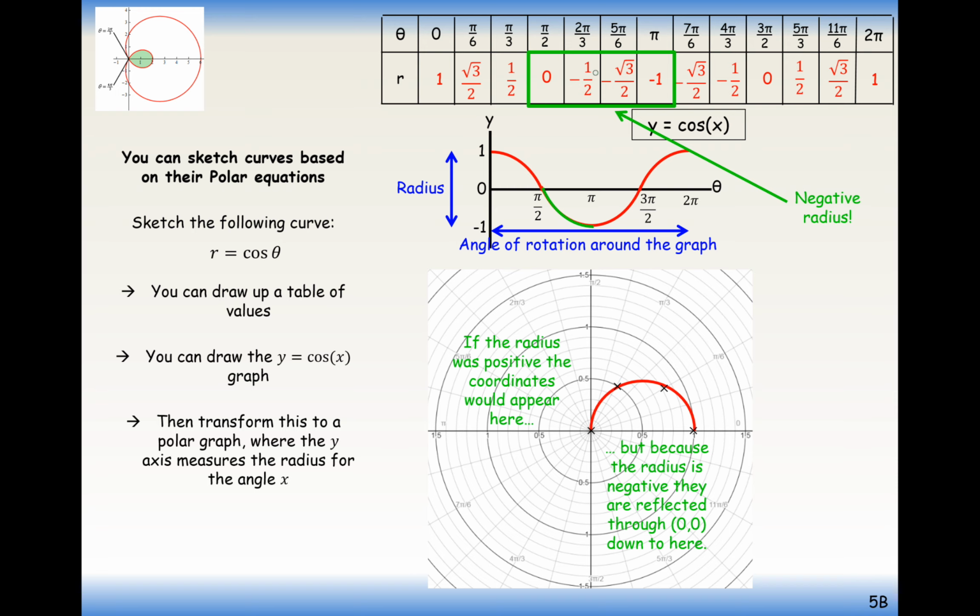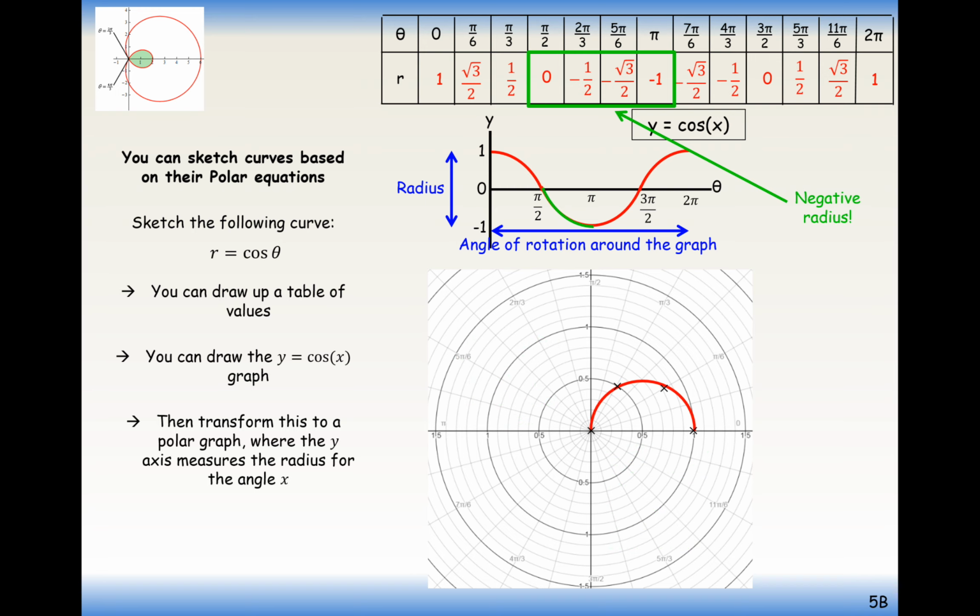What's effectively going to happen here is because these radius values are negative, they're going to be reflected through the origin onto the other side. They're effectively going to be multiplied by a scale factor -1 through the origin. So let's see what happens. The first coordinate here, if it was positive, would be up here.